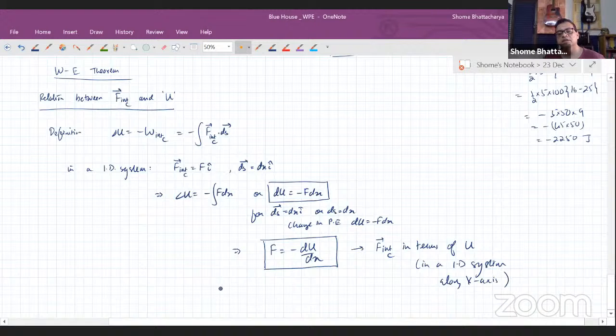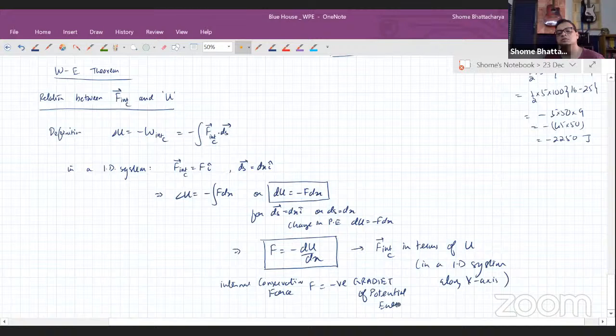So we say that internal conservative force is equal to negative gradient of potential energy.